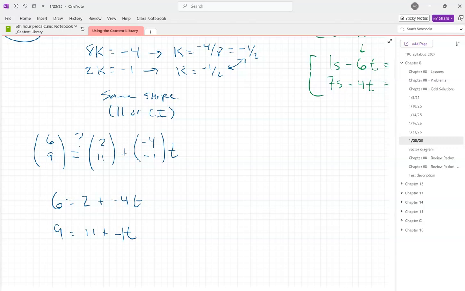If I take the first one, I'm going to subtract 2 from both sides. So I get 4 is equal to negative 4t. Divide both sides by negative 4. So I get t is equal to negative 1. For this one, I'll subtract 11 from both sides. So negative 2 is equal to negative 1t. Divide by negative 1. And I get t is equal to 2.